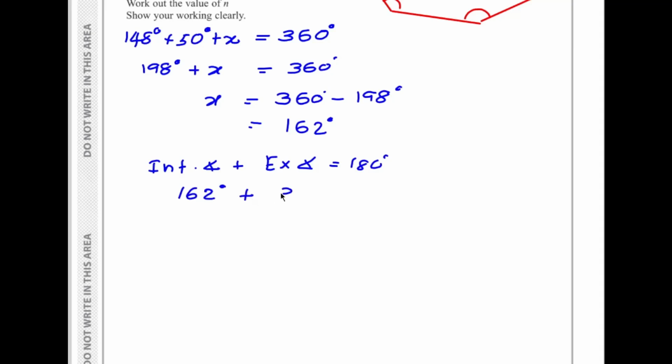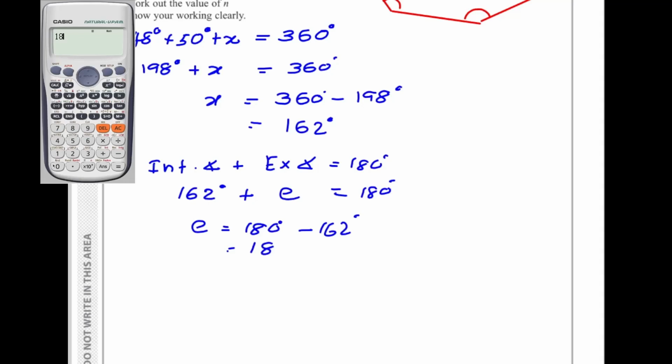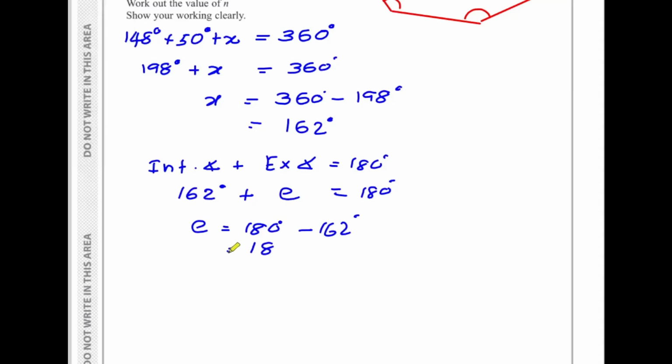We don't know the exterior angle, so let's call it E. Then I can get E as 180 degrees minus 162 degrees, which gives 18. Yes, it is 18. Then the exterior angle equals 18 degrees.